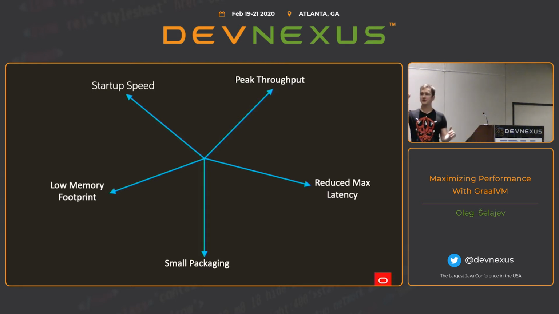When somebody says Node.js is fast, do you know what it means? Do they mean peak throughput, the amount of work they can do in a unit of time is a lot? Do they mean that latencies are good, that it never stops, that all requests are served within a very small amount of time? Do they mean that it starts really fast?